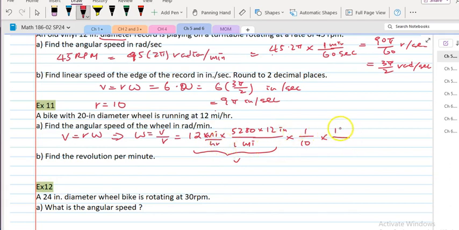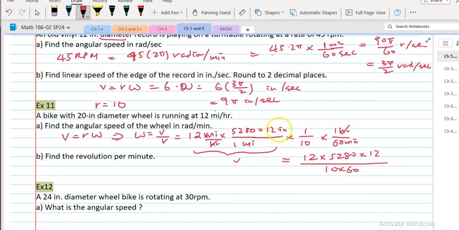So I would say 1 hour is 60 minutes, right? So this hour and this hour would cancel, and our 60 minutes will show up. So all in all, you can calculate 12 times 5280 times 12 over 10 times 60.